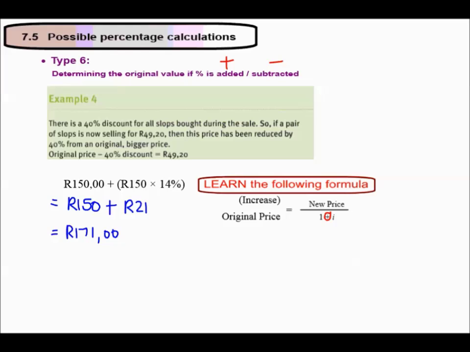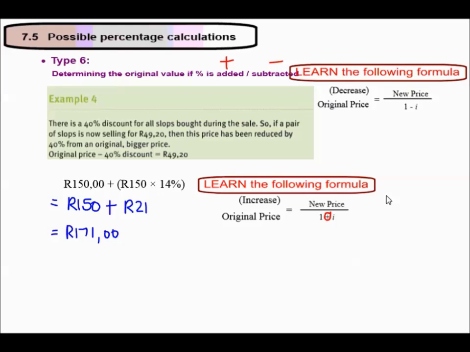Remember, if there was a decrease, it was 1 minus the interest. So now, when I added that, there was an increase from the original price. So now I'm going to add, and this is what I would have. My new price was 171 Rand divided by 1 plus I, and my interest was 14%.